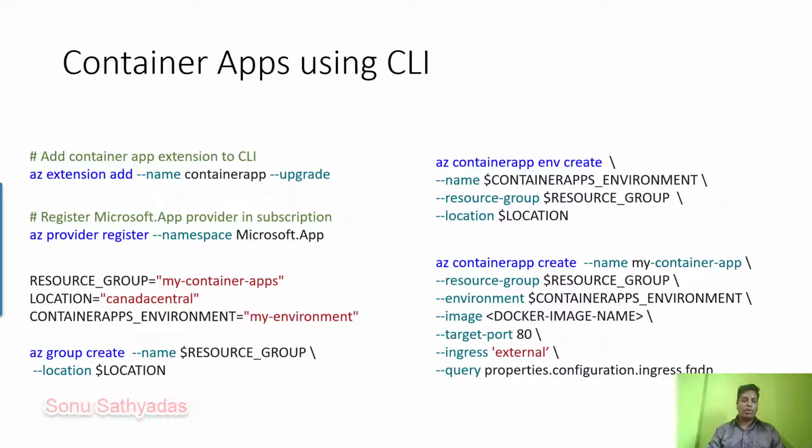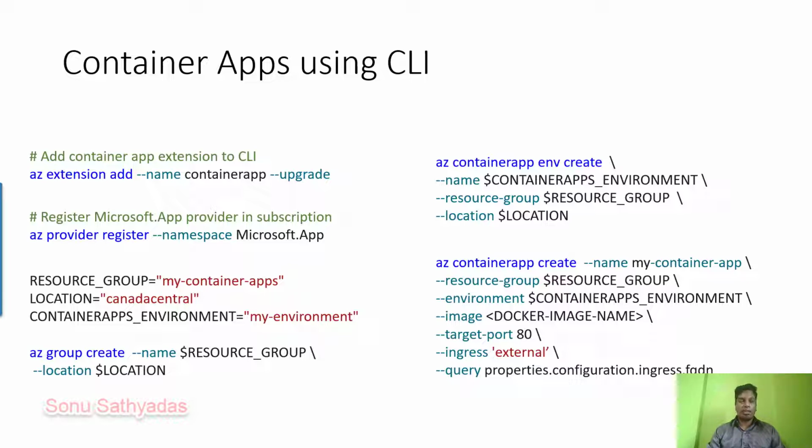For that you can use the az containerapp env create command, which is going to create a container app environment. Then inside the environment you can deploy the container app using the az containerapp create command.